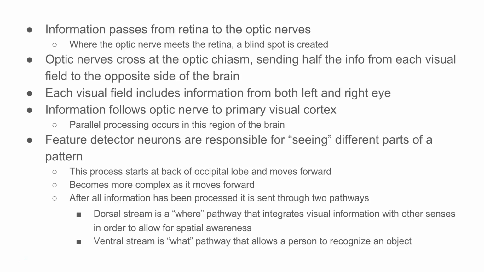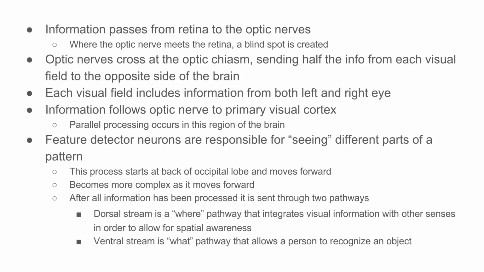And then there are these really interesting parts of the brain called feature detection neurons, and the best way to describe them is that they are responsible for seeing or recognizing different parts of patterns. So whether there are angles, or whether it's vertical or horizontal or depth or things like that.